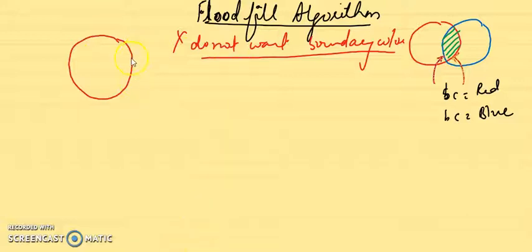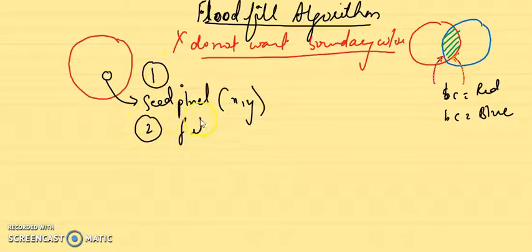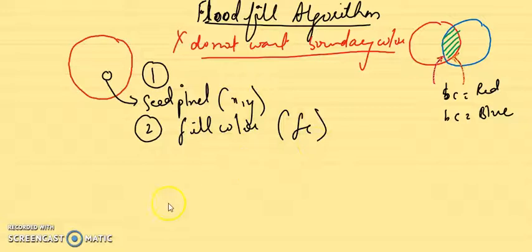What we are going to do is pick up a seed pixel. So I need something called a seed pixel, as these are area filling algorithms, right? The seed pixel is x comma y, and this is my first requirement. The second thing that I need is the fill color, that's nothing but FC.